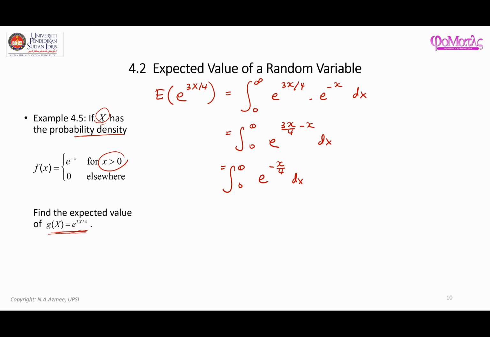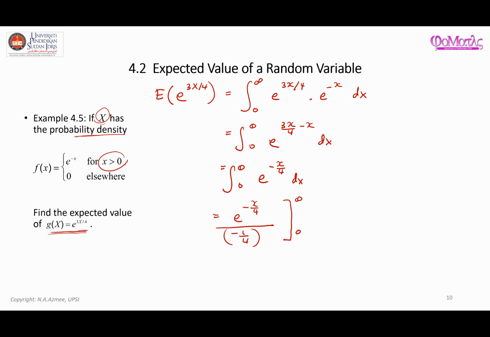And we know how the answer is going to be for this one. If you integrate this expression, you will get the same result, but at the bottom here will be negative 1 over 4, with the limit from 0 to infinity.